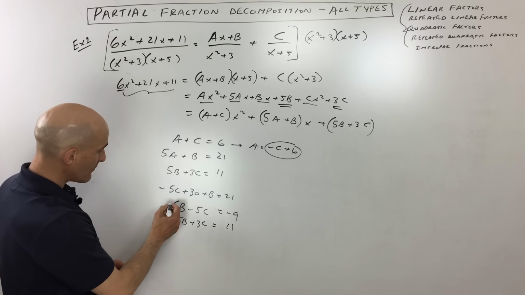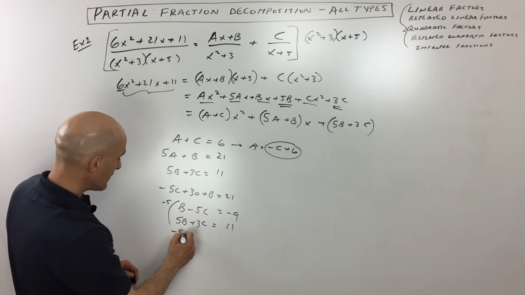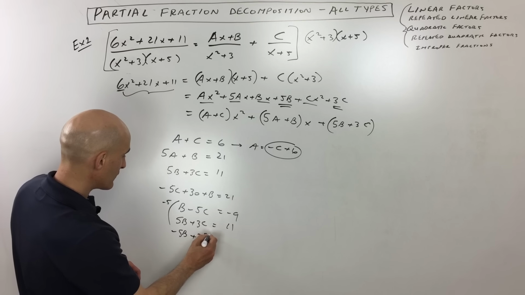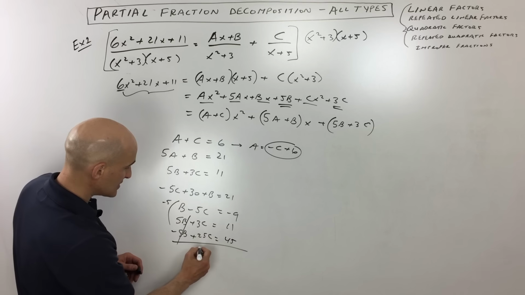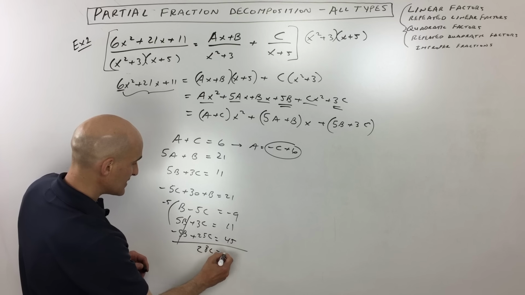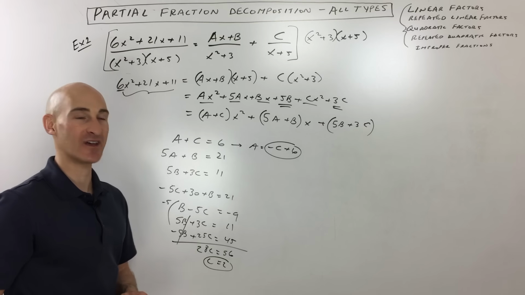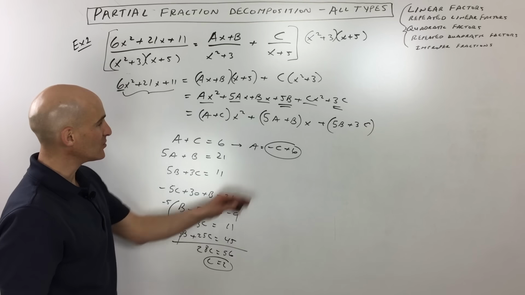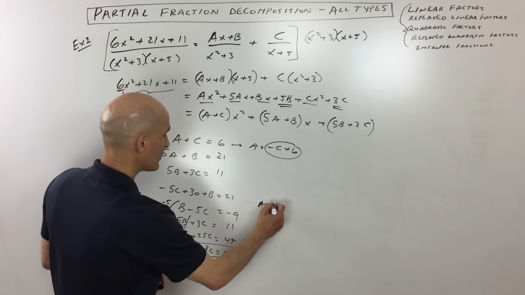If we solve this by multiplying the top equation by 5, or maybe negative 5, negative 5b plus 25c is equal to 45. If we add those together, you can see you're getting 28c is equal to 56, so that means that c is equal to 2. Okay, so now if c is equal to 2, that means that a is equal to 4, right? A equals 4.